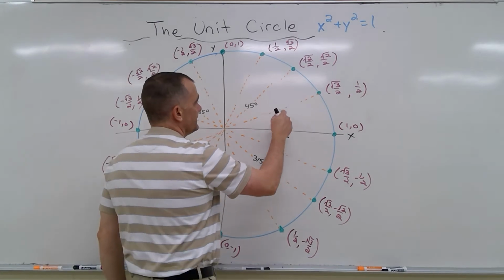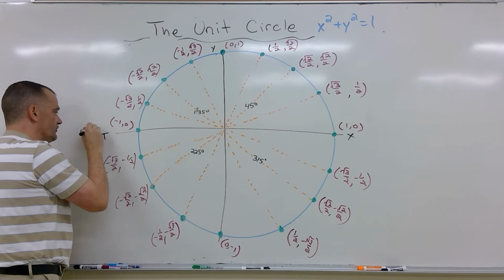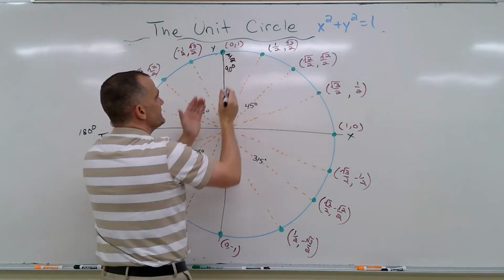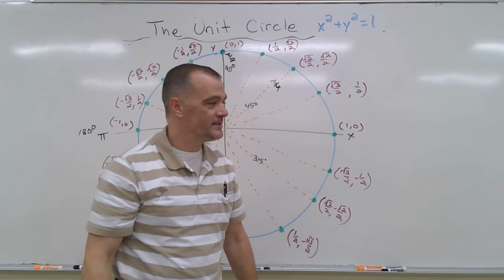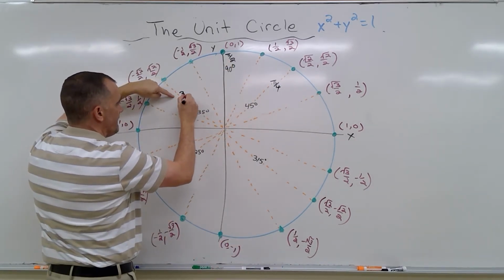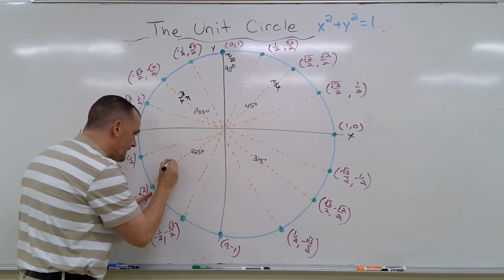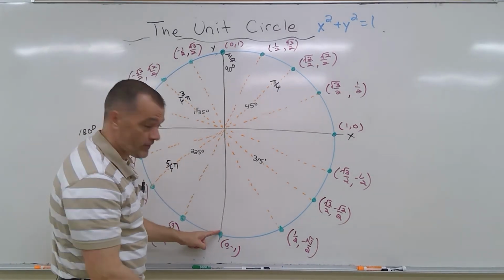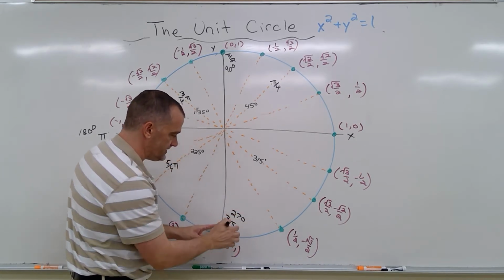It's pretty simple. Since this is 1 pi, which is 180 degrees, half of it would be half pi, or 90 degrees, so half of that would be pi over 4 radians. So watch this: 1/4 pi, 2/4 pi, 3/4 pi, 4/4 pi, 5/4 pi, 6/4 pi. 6/4 is 3/2 pi, which is 270 degrees.